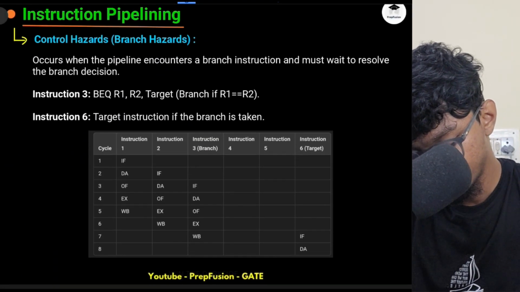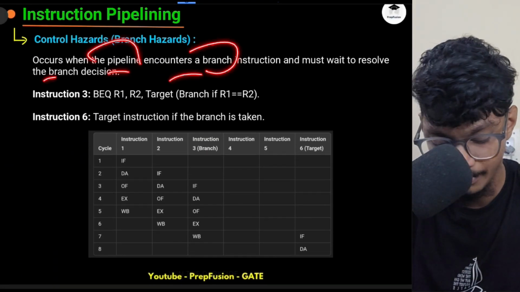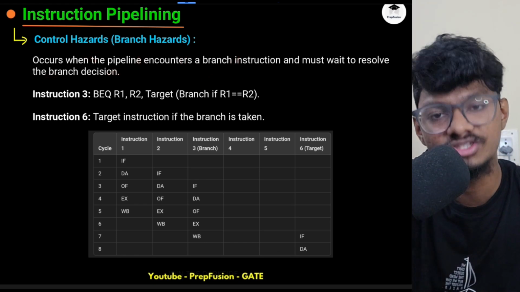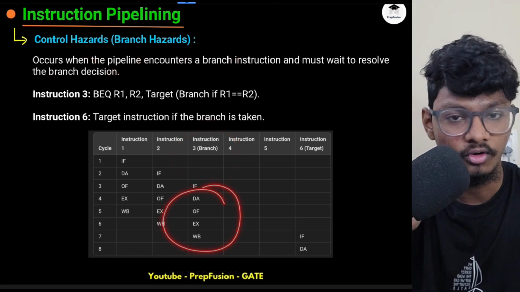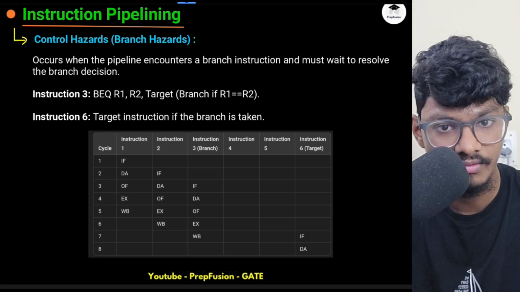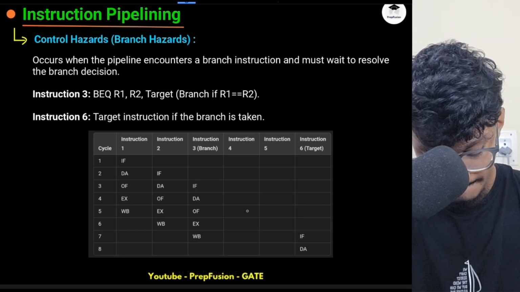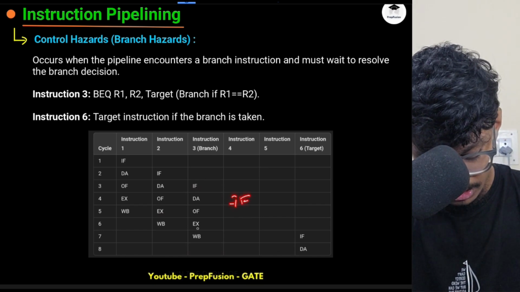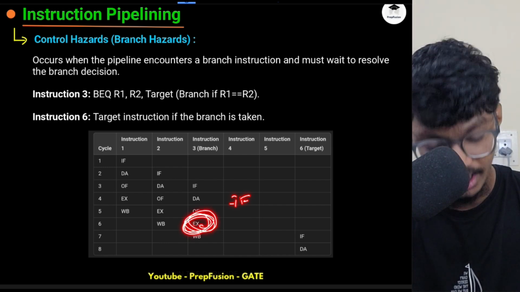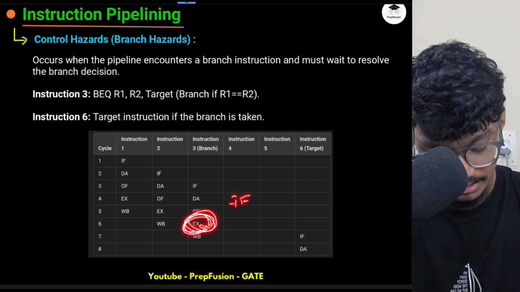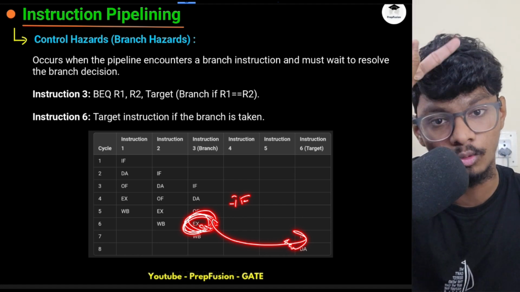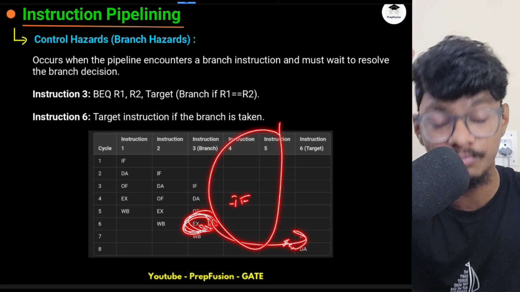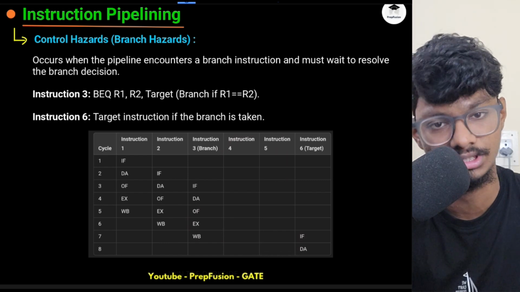It occurs when the pipeline encounters a branch instruction and must wait to resolve the branch. Let's say this is a branch instruction. If I don't wait for the branch instruction to get resolved, what will be the problem? If I start my instruction fetch here and the branch condition evaluates here, and after evaluating it tells me I have to take the branch and go to instruction I6, then I was not supposed to fetch instruction I4.